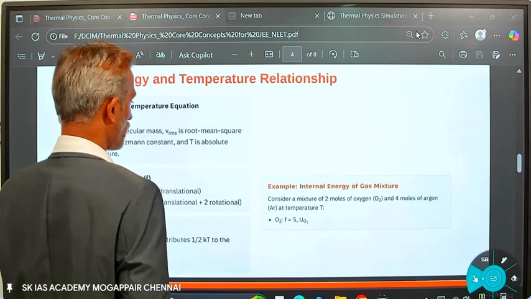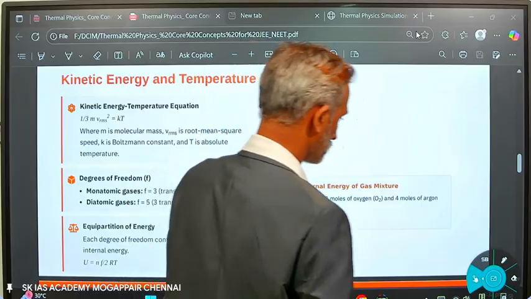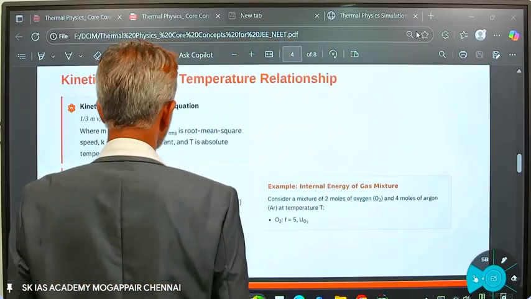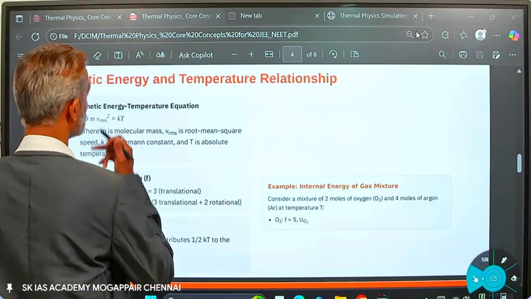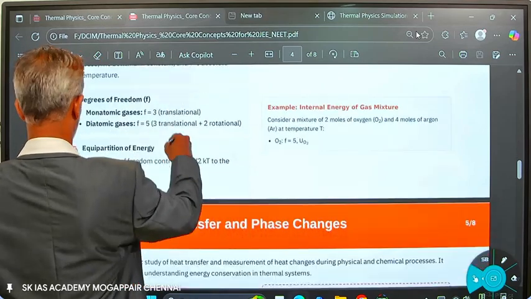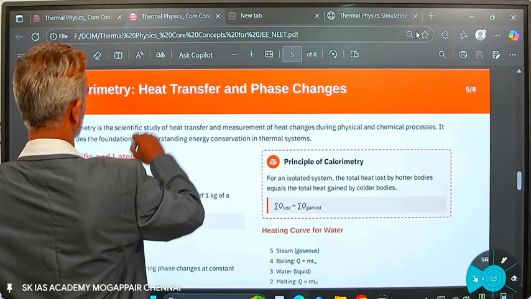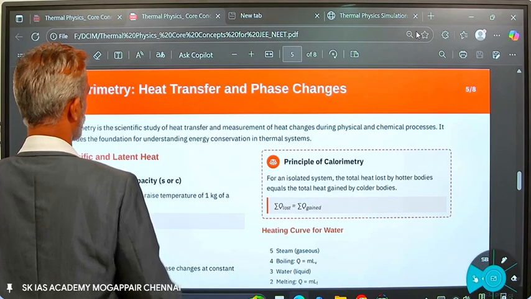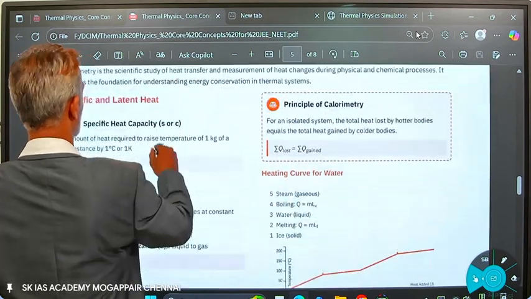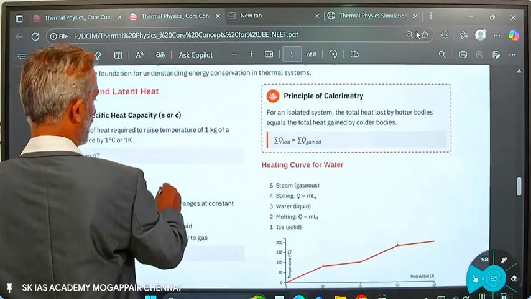Come to the next concept. Calorimetry. Then calorimetry.